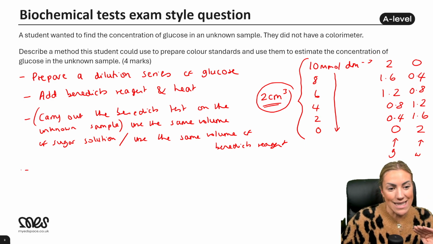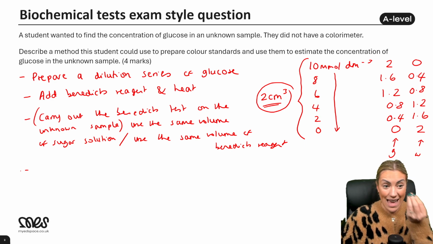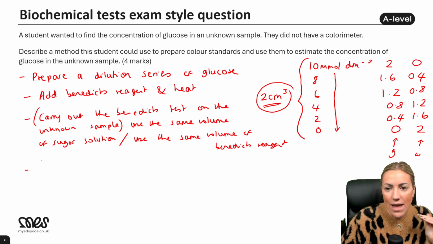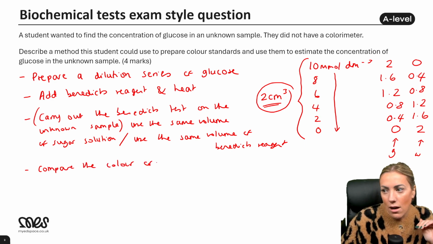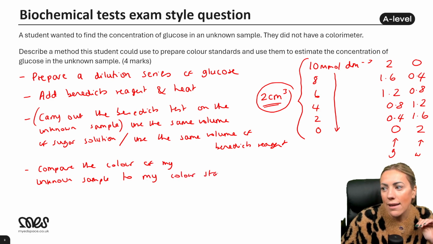Once I've done that Benedict's test on my unknown solution, I've used the same volume of glucose solution, I've used the same volume of Benedict's, obviously I'll get a colour, and what I can then do is compare the colour of my unknown sample to my colour standards, or to my dilutions, okay?